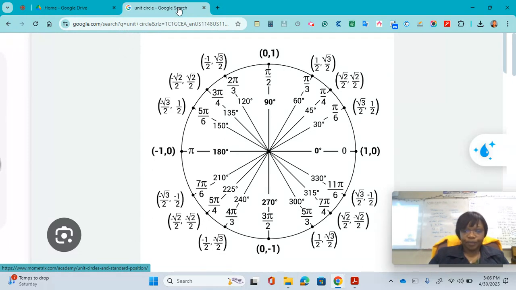Five pi over 3. Okay, excellent. So that is negative 5 pi over 3. I'm sorry, not negative 5 pi over 3, but it's 5 pi over 3.